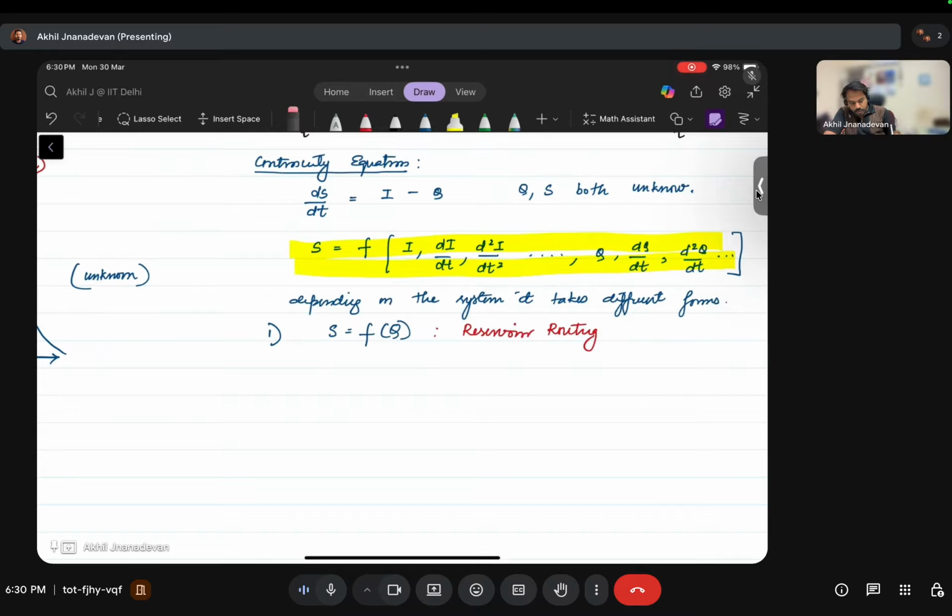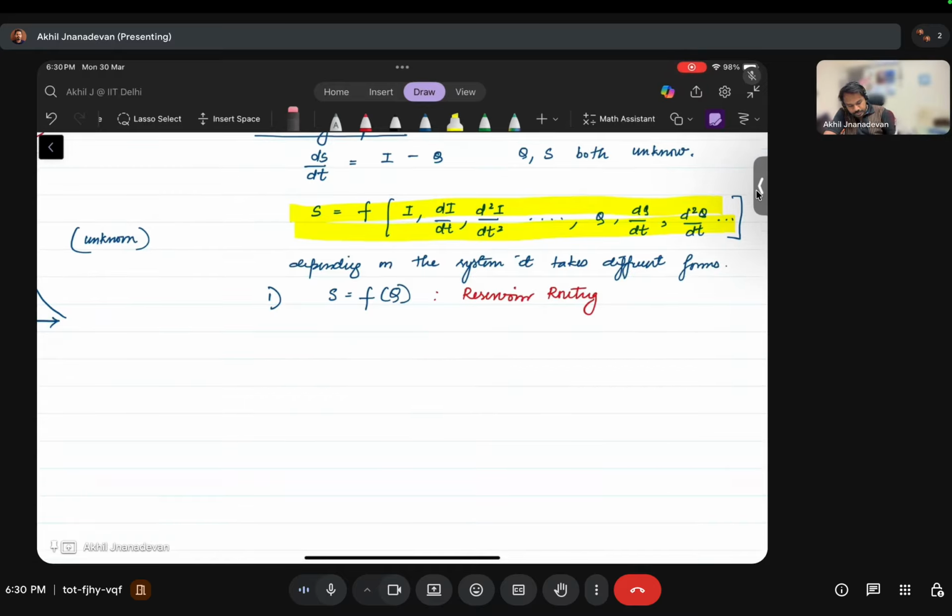And the second form it takes is when the storage is a linear function of both inflow and outflow.